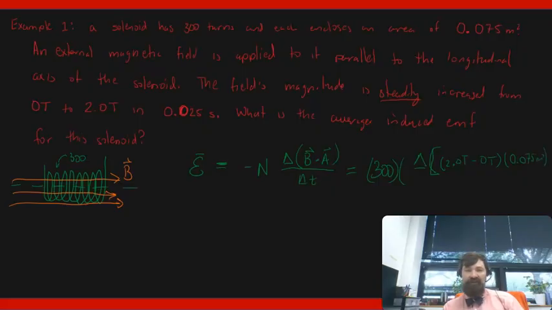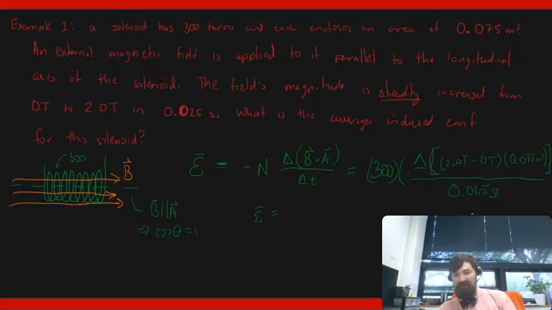Since B is parallel to the longitudinal axis, B is parallel to A, and that means the cosine of the angle between them is 1. Remember that in a dot product you have to also take the cosine of the angle. So that one is just 1 in this case. Delta t is 0.025 seconds. And so you basically just plug all these numbers into a calculator if need be.